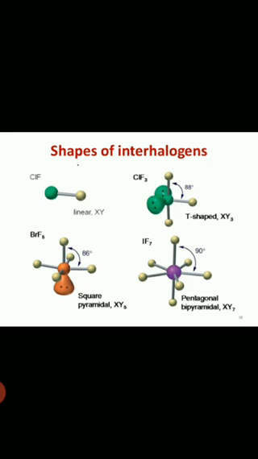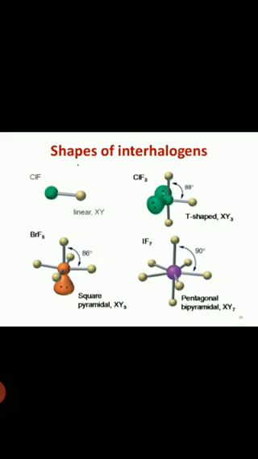The less electronegative element will be larger in size, and the more electronegative element will be smaller in size. Please do underline this point. These are covalent compounds and are diamagnetic in nature, which you have to keep in mind.